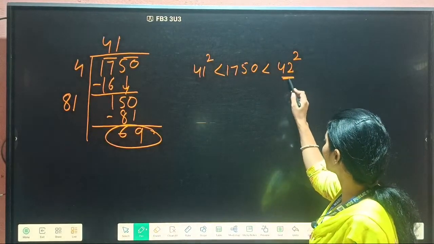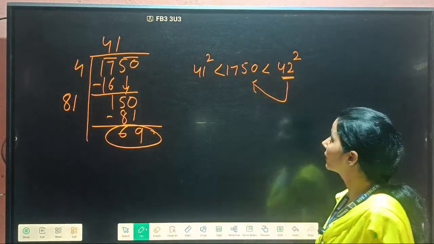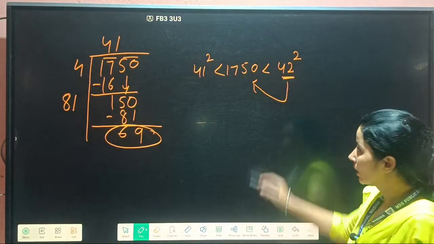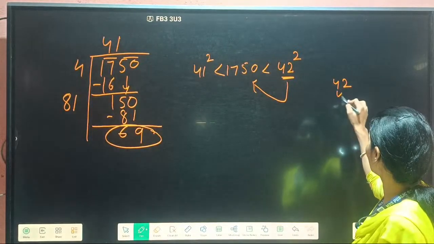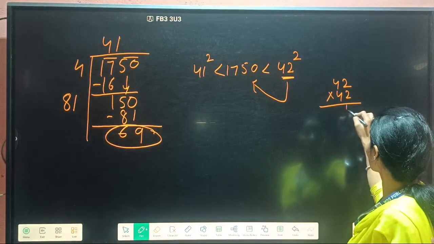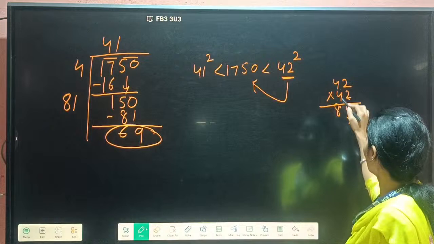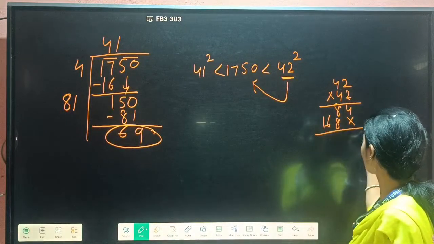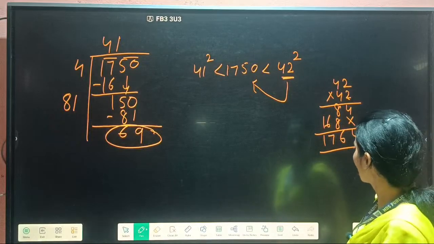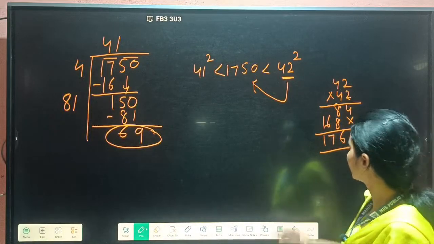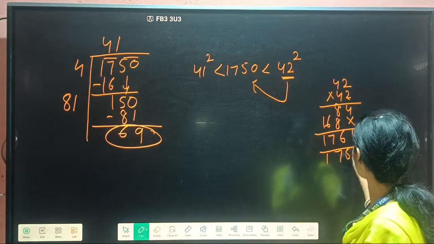From there we will get an idea what must be added to 1750 so that it will become a perfect square number. What will be the square of 42? 2 2s are 4, 2 4s are 8, 4 2s are 8, 4 4s are 16, 1764.